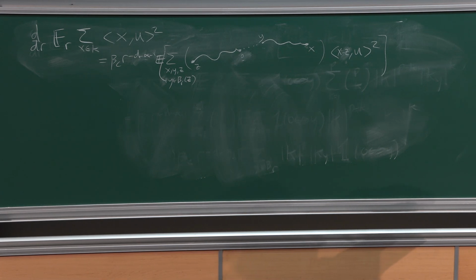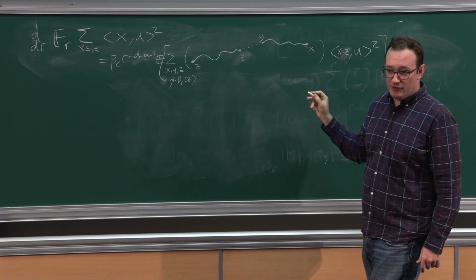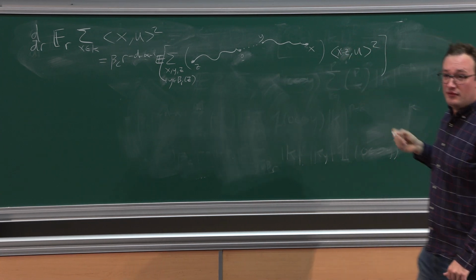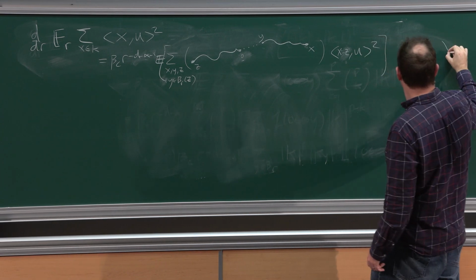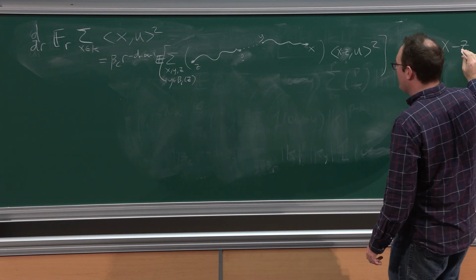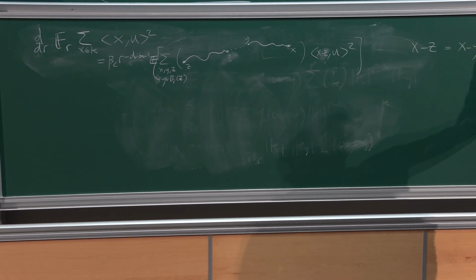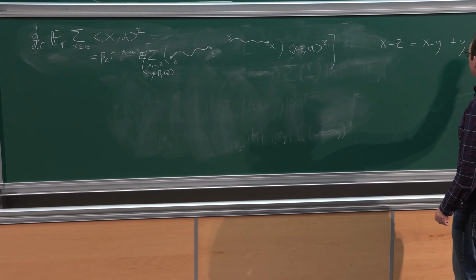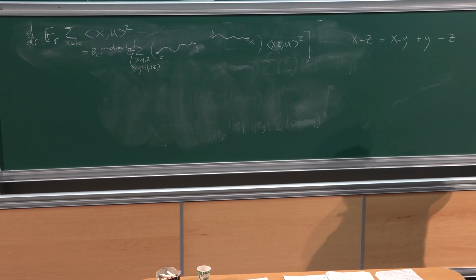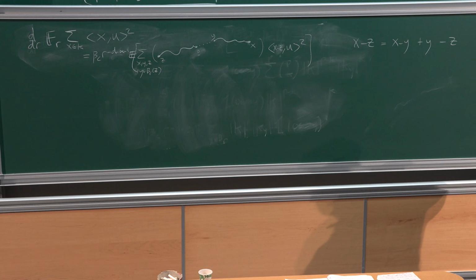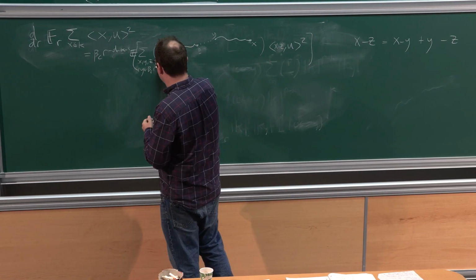And what we'll do, and yeah, so there's this indicator here implicitly that 0 and y are in different clusters. Okay? So what we're going to do is we're going to write x minus z is equal to x minus y plus y minus z. Okay? Y is in BR of 0 now, right? In the sum? Yeah. Thanks.